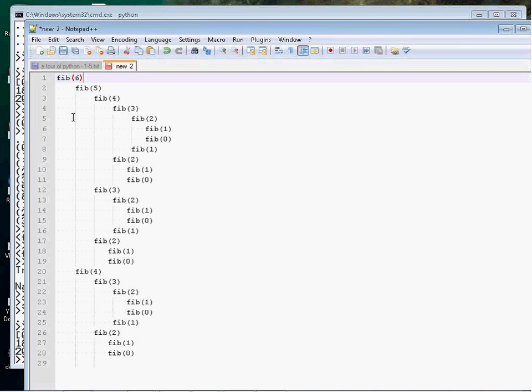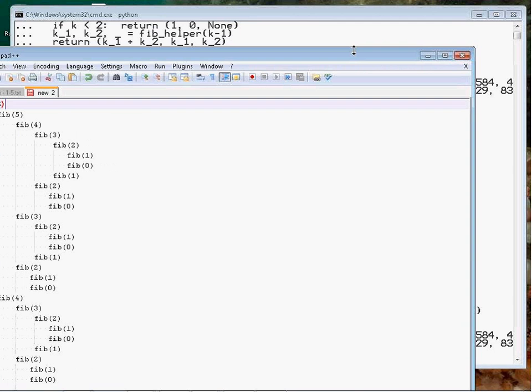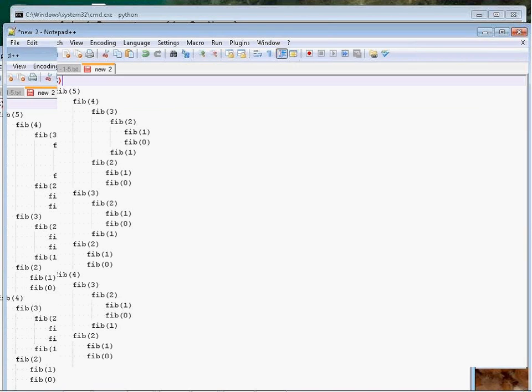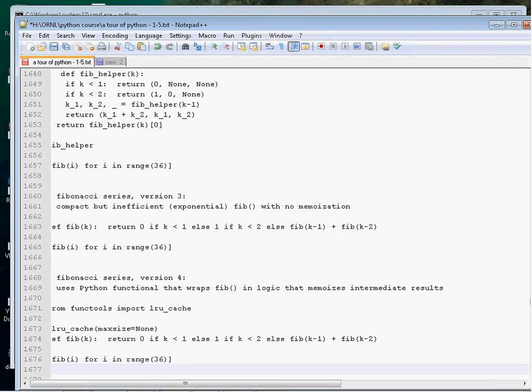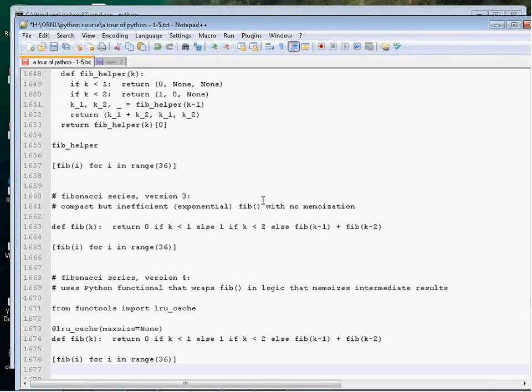Now, Python, like, there's a technique I learned about back in graduate school 30 years ago called memoization. And like a lot of other good ideas, it's found its way into mainstream programming languages eventually.